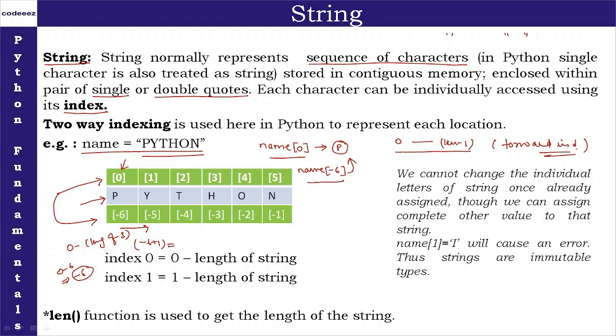The next consecutive block will be accessed by minus 5 as an index in the backward direction, and it will go up to minus 1. So this is how the indexing is done.